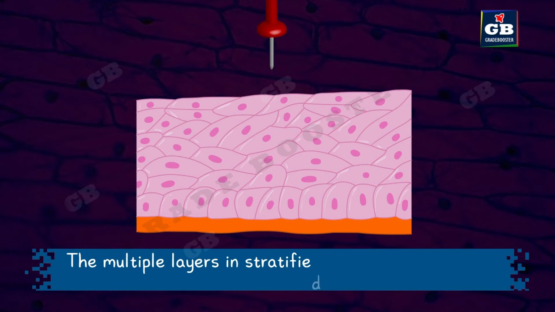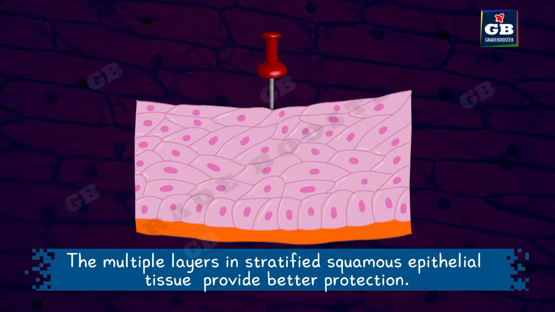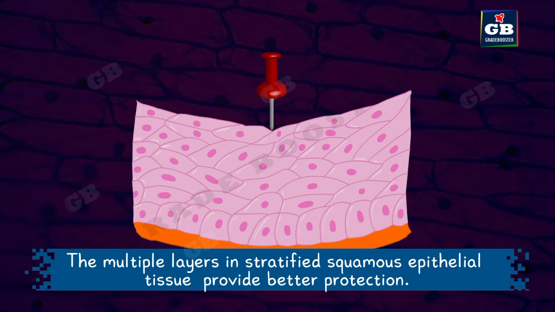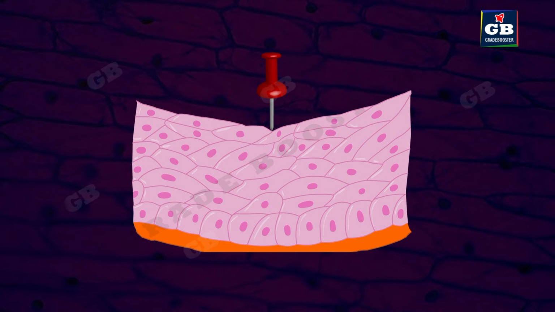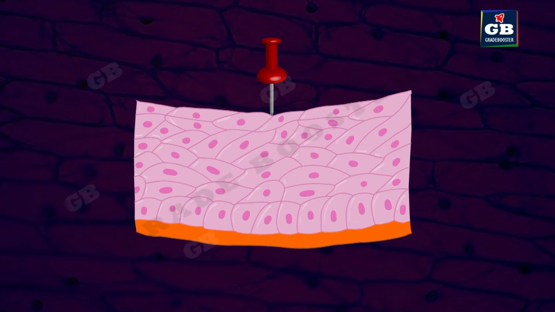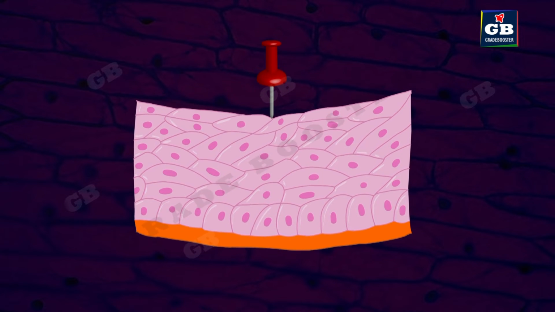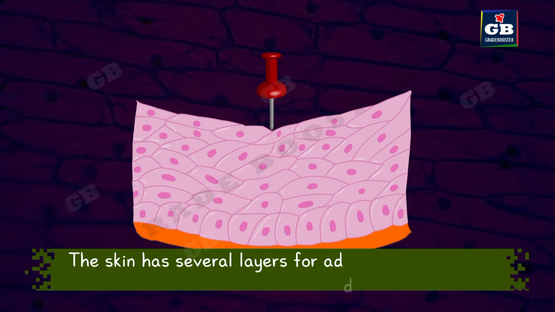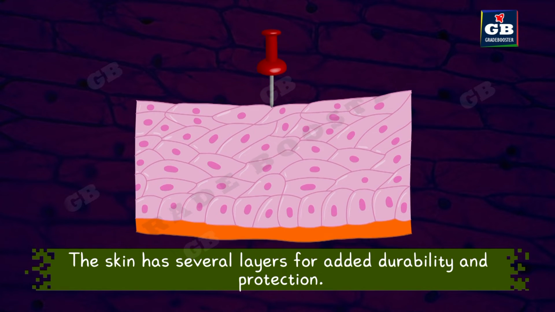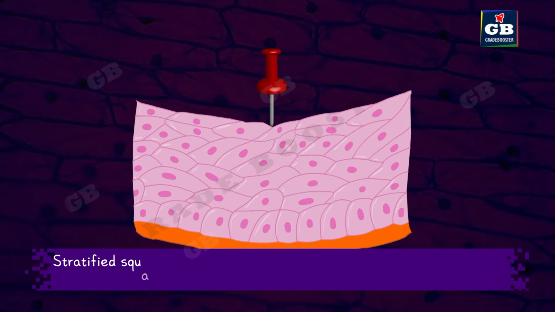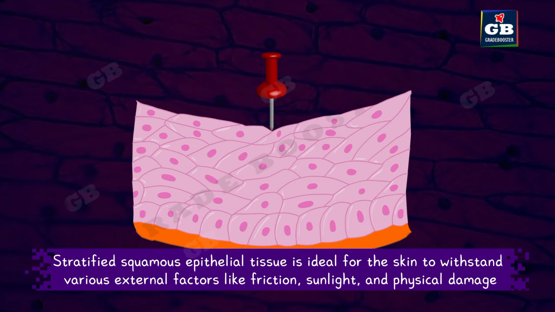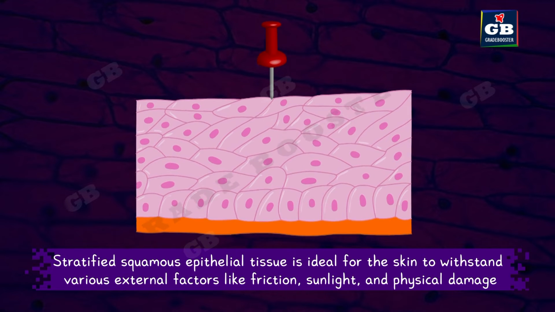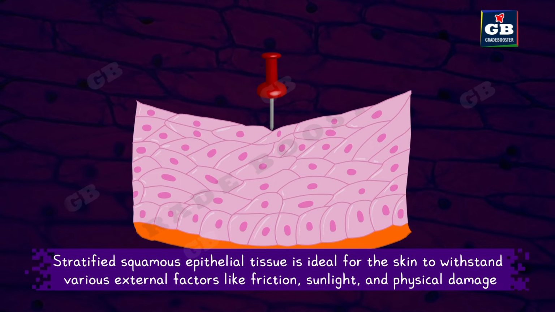The multiple layers in stratified squamous epithelial tissue provide better protection. This is important for the skin as it is exposed to constant wear and tear, making it necessary to have several layers for added durability and protection. Thus, stratified squamous epithelial tissue is ideal for the skin to withstand various external factors like friction, sunlight, and physical damage.